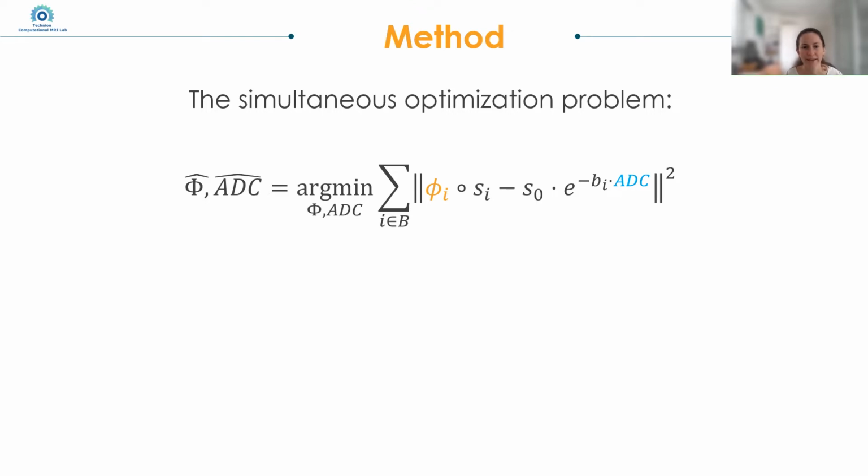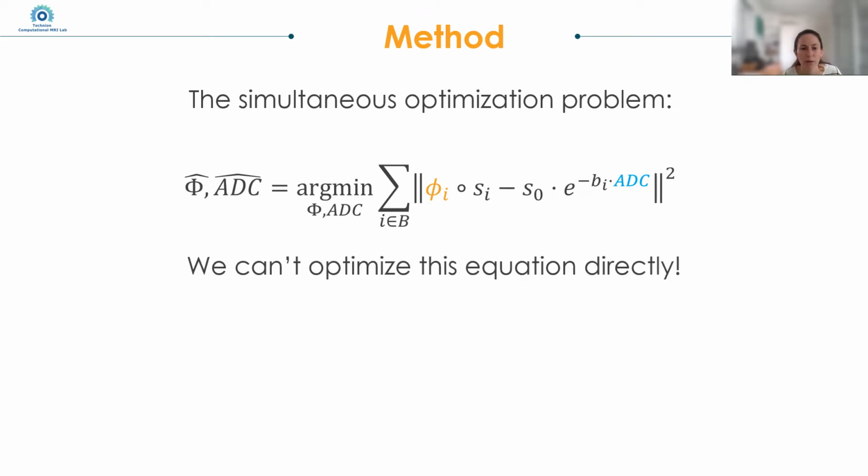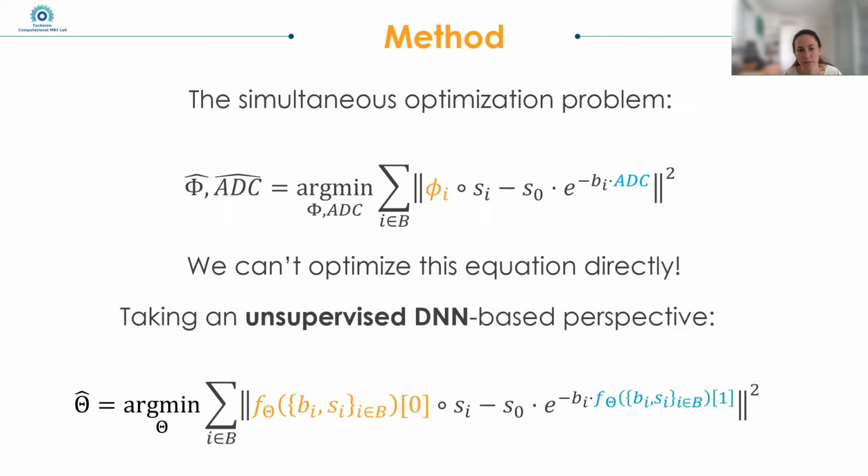We want to find the ADC and phi, the set of transformations that align the different B-value images to the model that minimizes the following equation, where B is the number of B-values used during the diffusion-weighted MRI acquisition. For each B-value, we want the motion-compensated image to be similar to the expected image according to the model. But we can't optimize this equation directly.